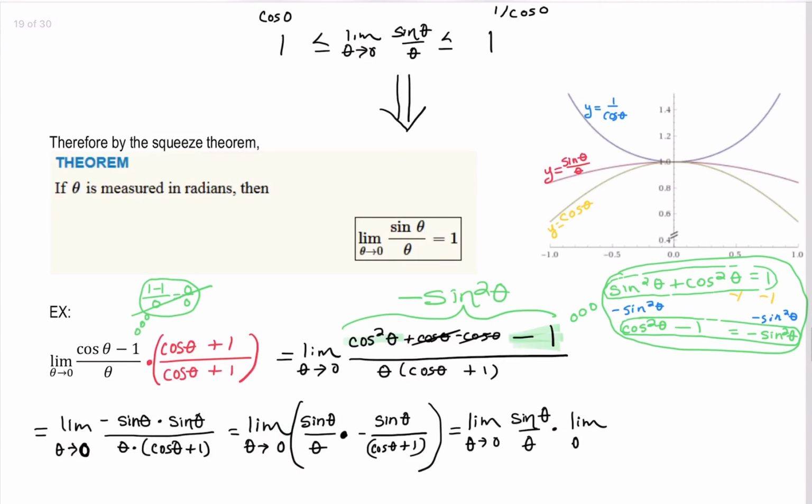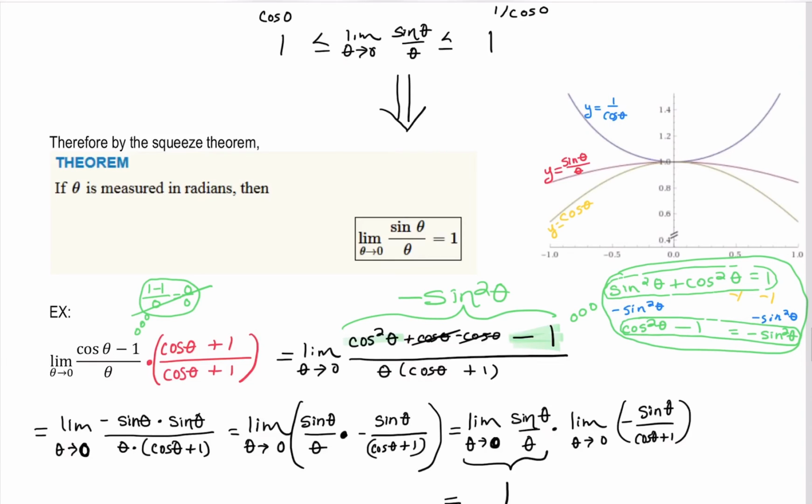So: the limit as theta goes to 0 of sine theta over theta, times the limit as theta goes to 0 of negative sine theta divided by cosine theta plus 1. Because this is the limit as theta goes to 0, the first one is the one we just proved. By our above proof, by the squeeze theorem, that is equal to 1.